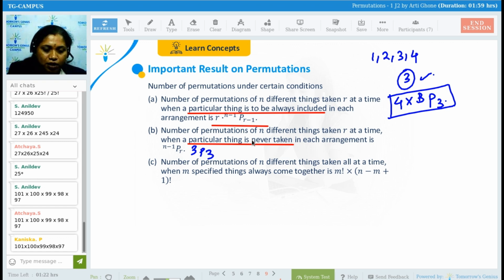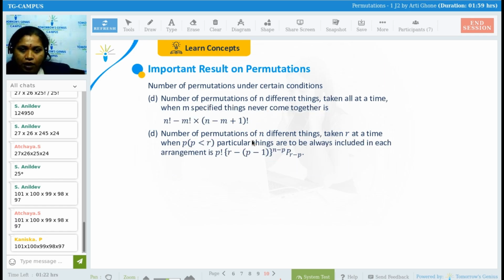Clear? Okay. Next one: the number of permutations of n different things taken all at a time when m specified things are always together. I want two girls together, which means my value of m is 2. I want two boys together, then my value of m is 2. Including this m value, we get the result m factorial into (n minus m plus 1) factorial.